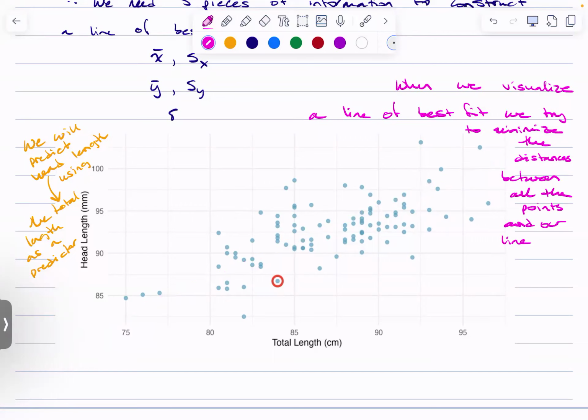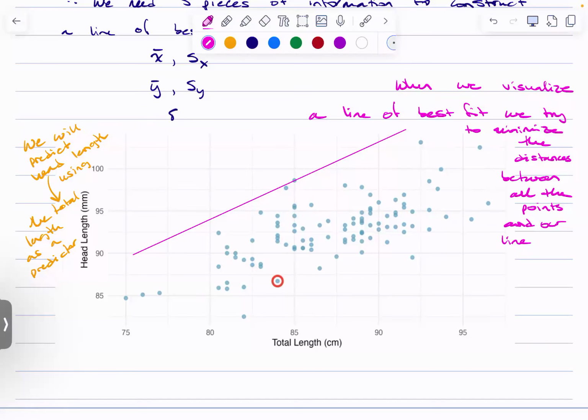If I said our line of best fit is something, well, I'll make it straight at least, like this, you would say, really? Because you don't like that. That's because internally you are trying to minimize those distances.